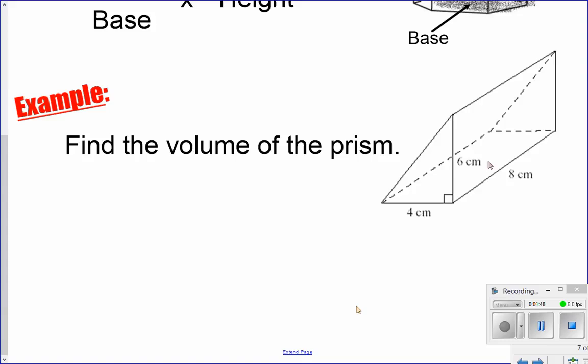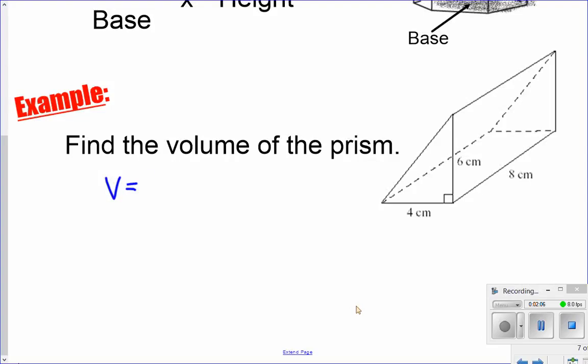Because those are the bases, we know that this is a triangular prism. And we know that the height of the prism is the side that connects those two triangle bases. So let's go ahead and find the volume of this prism. We're going to take the area of the base times the height.